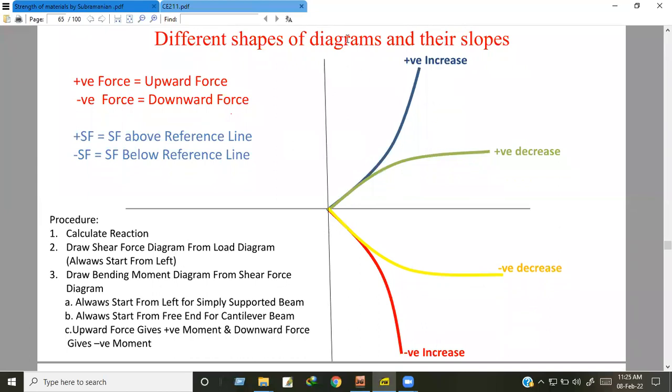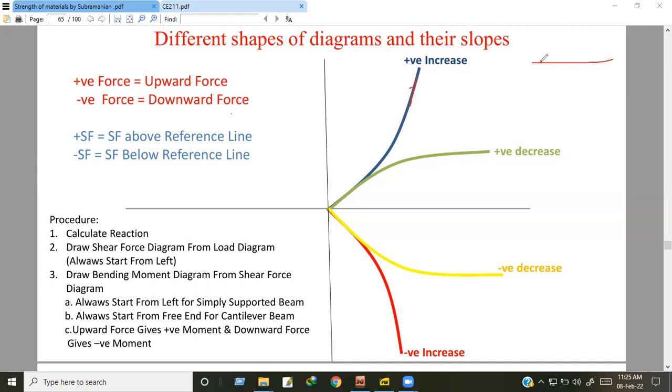If we understand this, we can avoid much memorizing. This shows positively increase. We know we calculate shear force from the reaction force diagram, and we calculate bending moment from the shear force diagram.